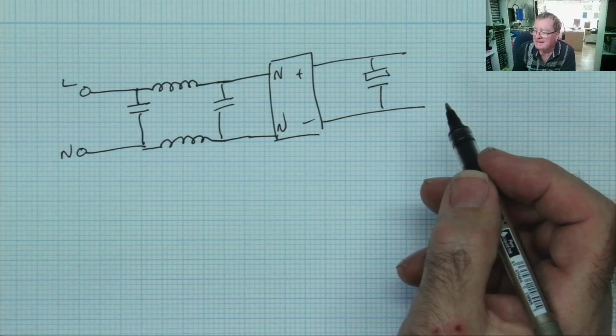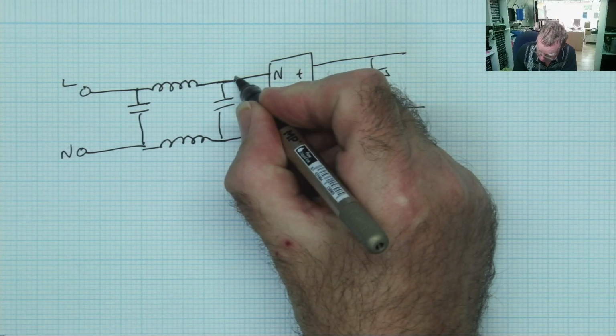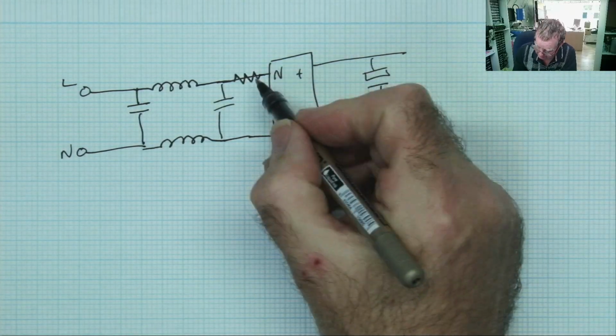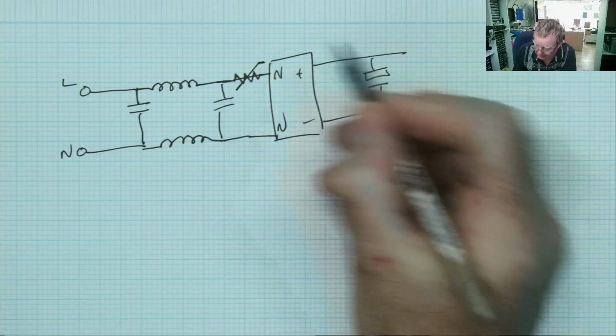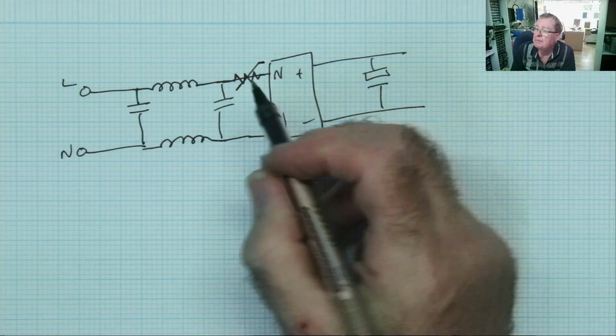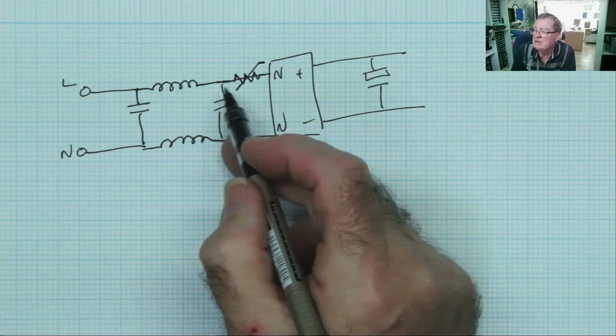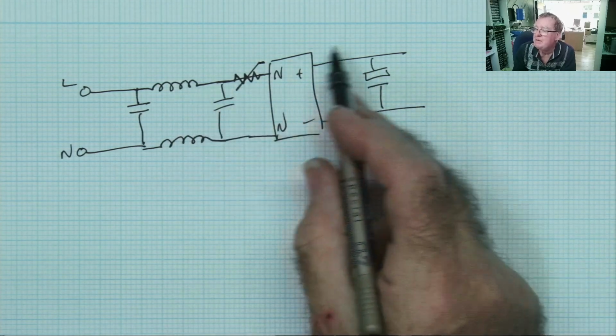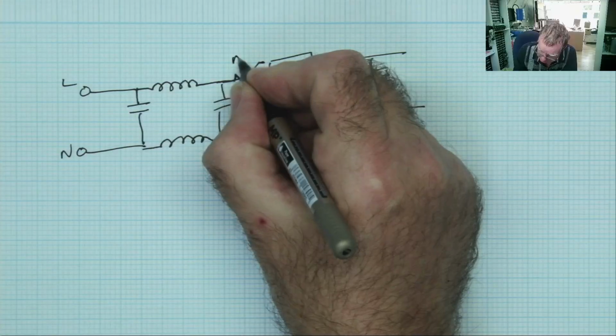Okay, the NTC would go here usually. Okay, it has a symbol like that, and you can see that is in series with the current that's coming in to charge the capacitor, so it limits the current. That's your NTC.